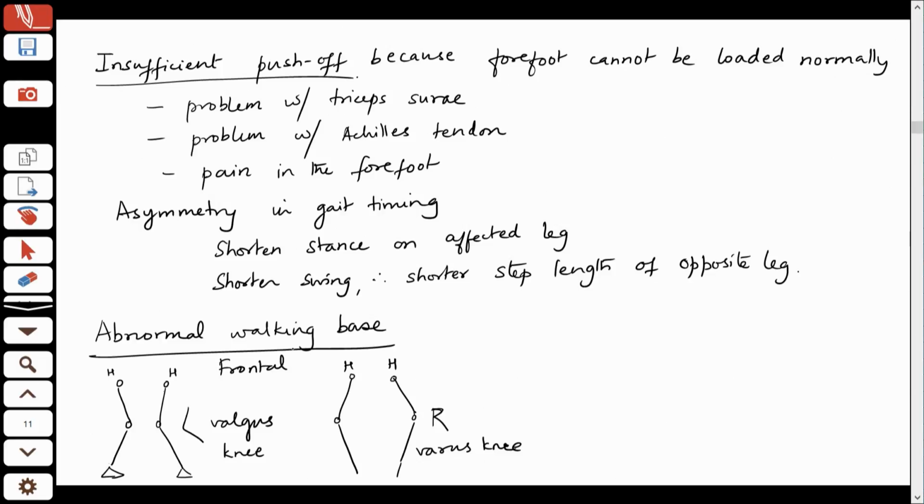In the frontal plane, people may have this, similar to the excessive knee hyperextension or flexion contracture. You could have a valgus or a varus knee. So, these could be reasons why your step width is greater than or less than normal.